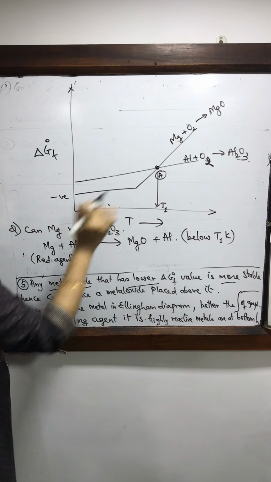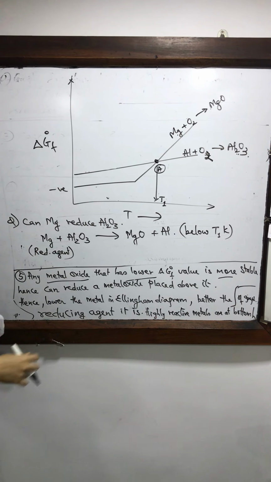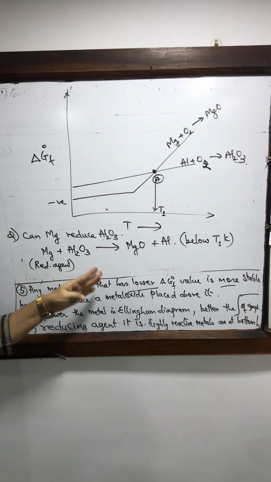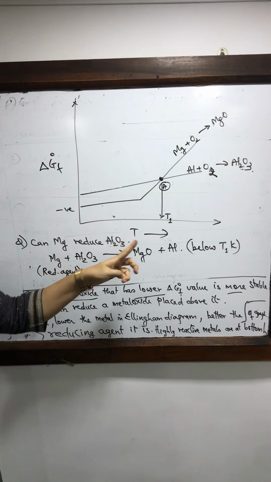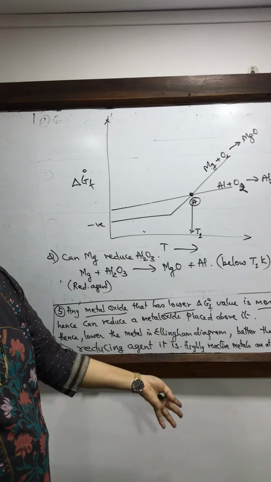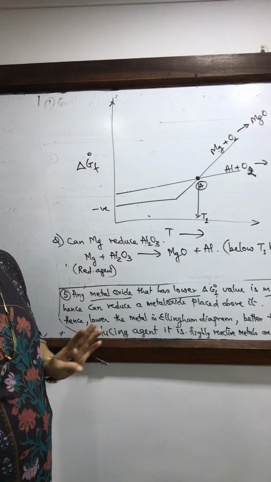Above the temperature T1, aluminium becomes the reducing agent. This reaction becomes non-spontaneous. So the question has to be answered carefully with respect to temperature. If the temperature changes, then it may not behave as a reducing agent.